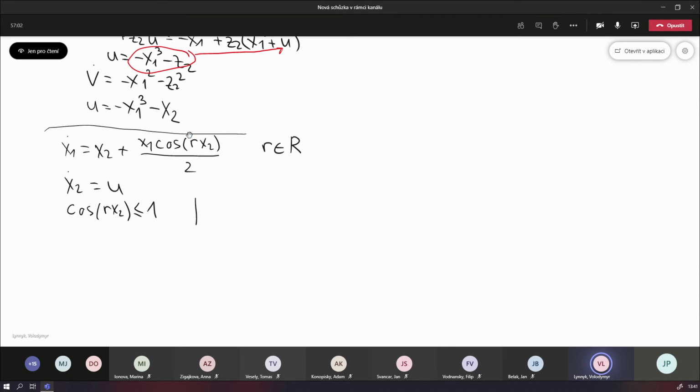From this, the absolute value of x1 cosine r x2 divided by 2 is less than or equal to x1 divided by 2. Any question here? Why are we using absolute values here? Are they necessary?